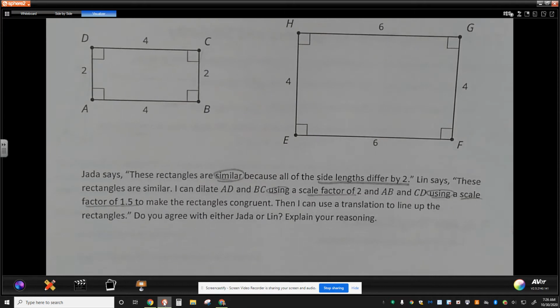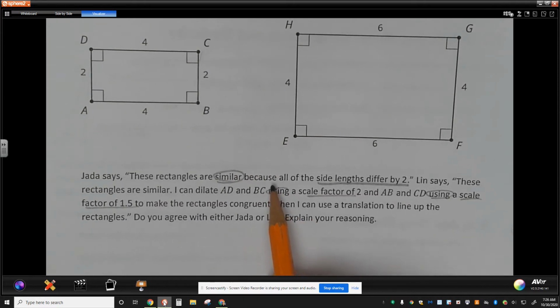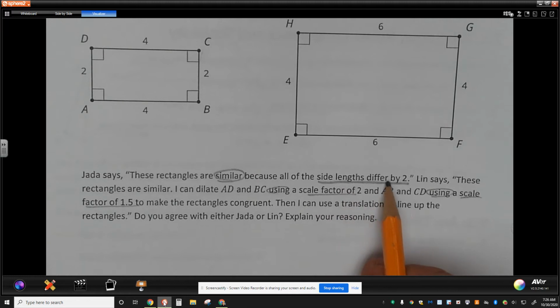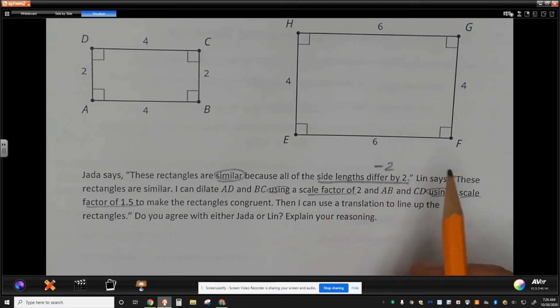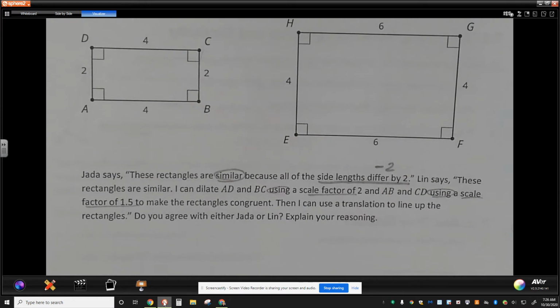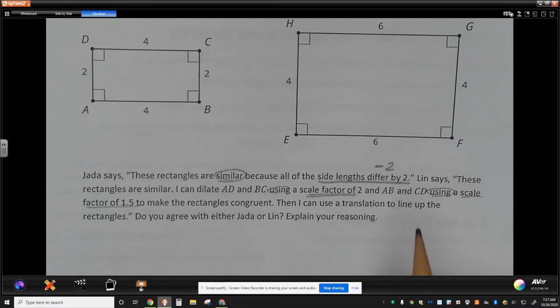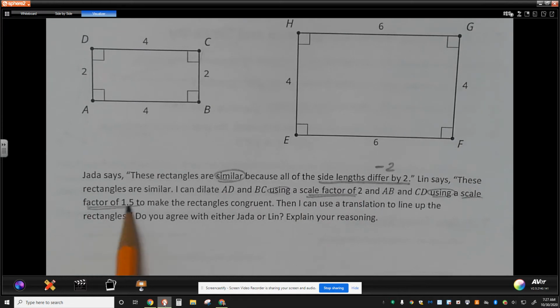All right, let's take a look at what they said again. Jada said that the side lengths differ by 2. When we talk about differ in math, that means that we're using subtraction. Subtraction doesn't work under similarity because under dilation, we have to use a scale factor, which means we have to multiply. We cannot subtract under a dilation, so Jada is incorrect. When we look at Lynn, Lynn is using two different scale factors, 2 and 1.5.